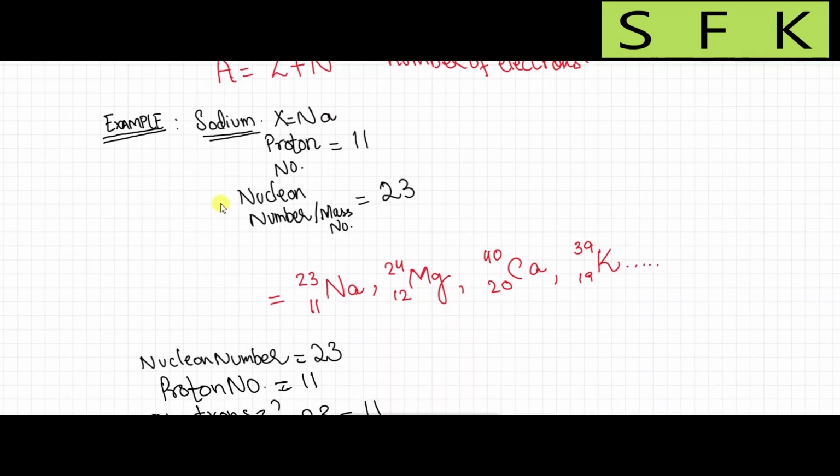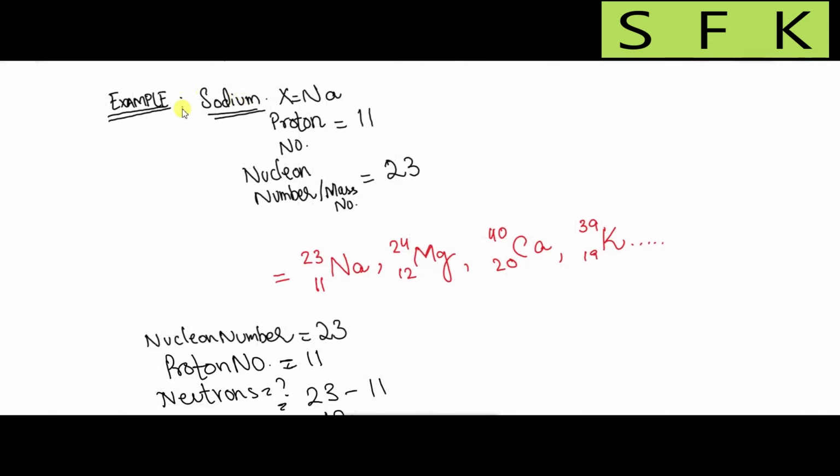Let's look at an example. The sodium element has a Latin symbol Na. It has 11 protons and its nucleon number is 23. So 11 Na 23 is how we symbolize the sodium atom.